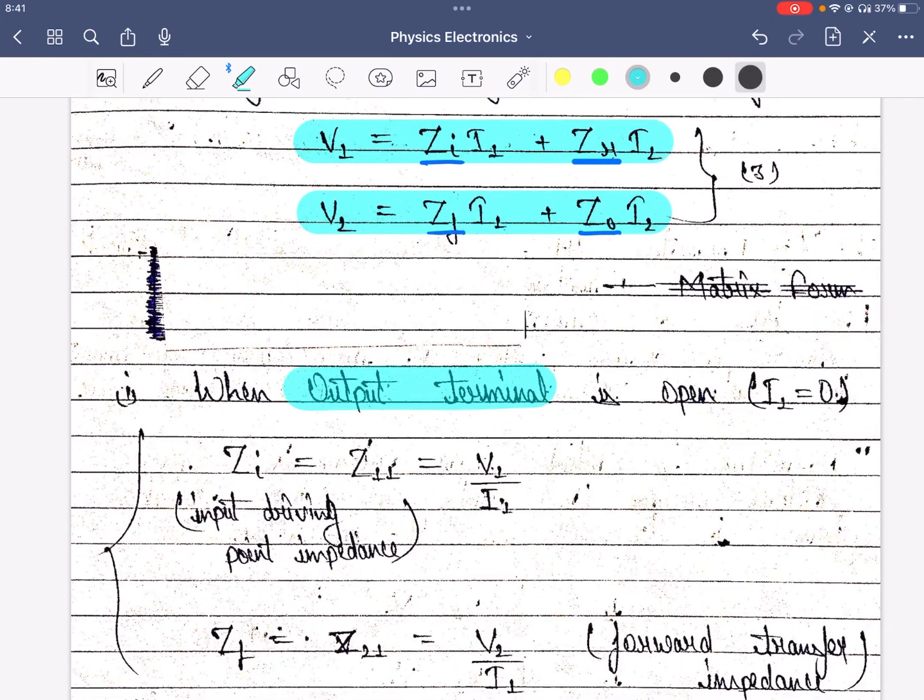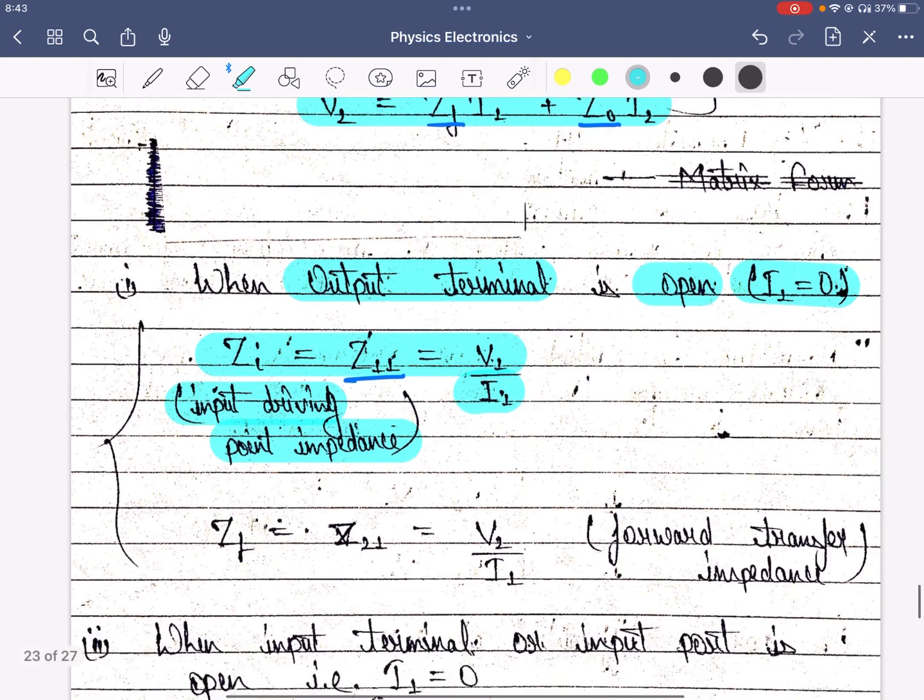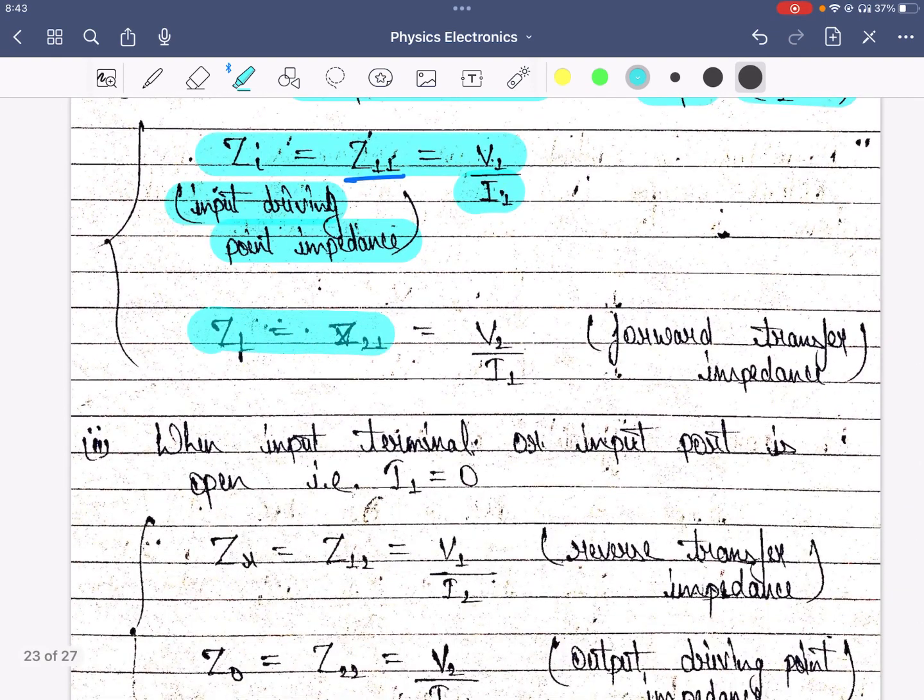When output terminal is open or I2 is equals to 0, Zi is equals to Z11 is equals to V1 by I1. Here Z11 is the Zi represented in the matrix form. Zi is known as the input driving point impedance. And Zf is equals to Z21 is equals to V2 by I1 and is known as the forward transfer impedance.